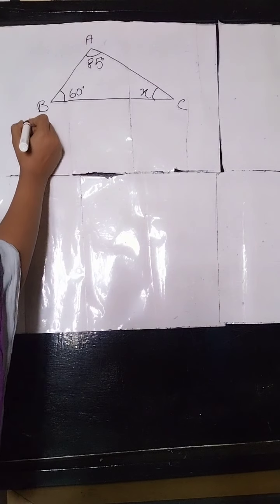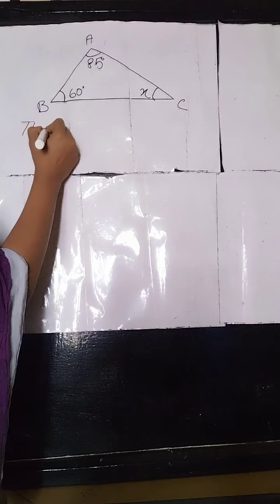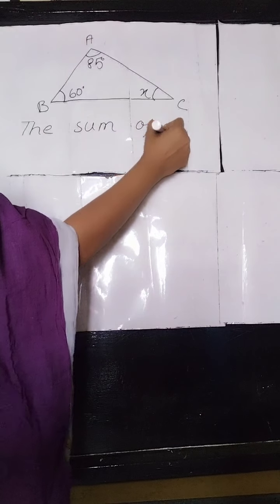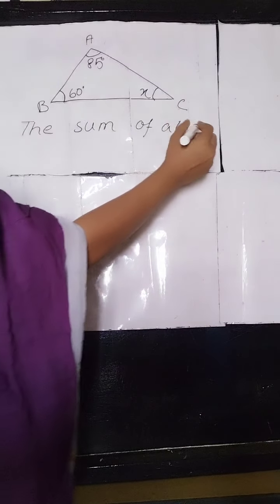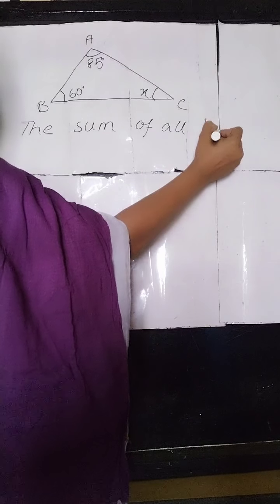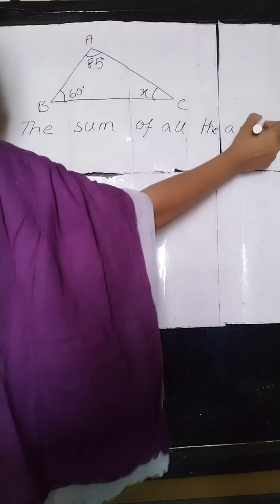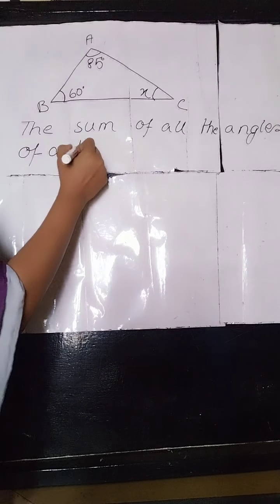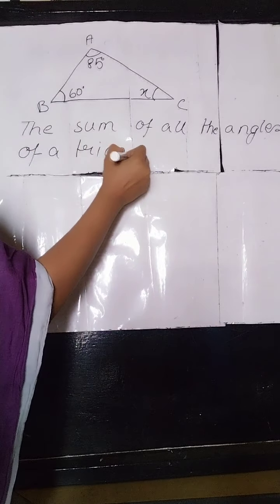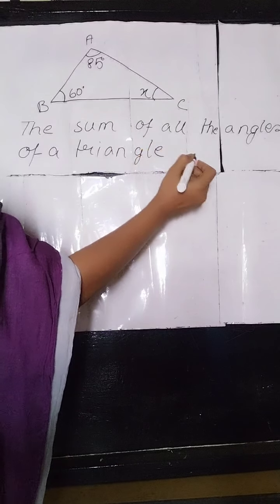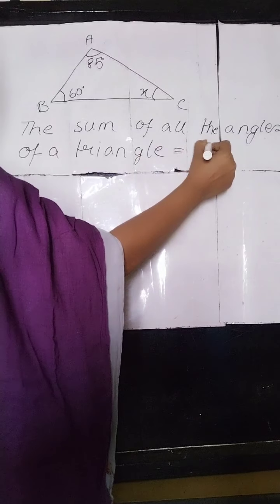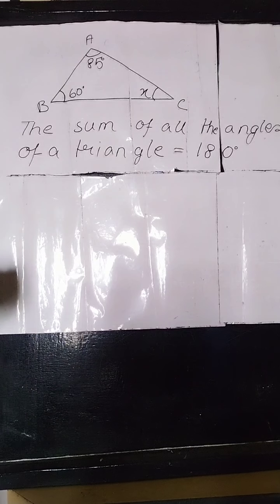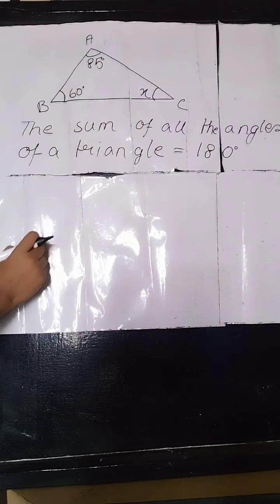Simply you will write that, like previously we have done, the sum of all the angles of a triangle is equal to 180 degree. Now the values of A and B are given.